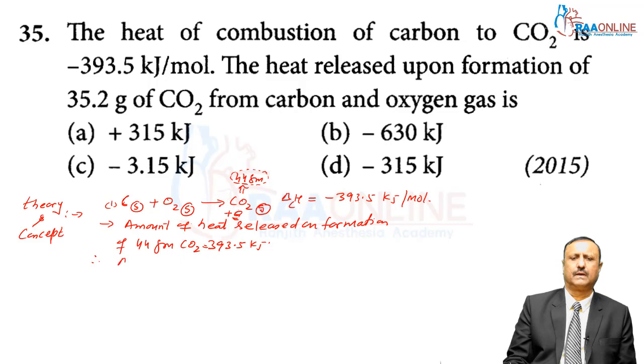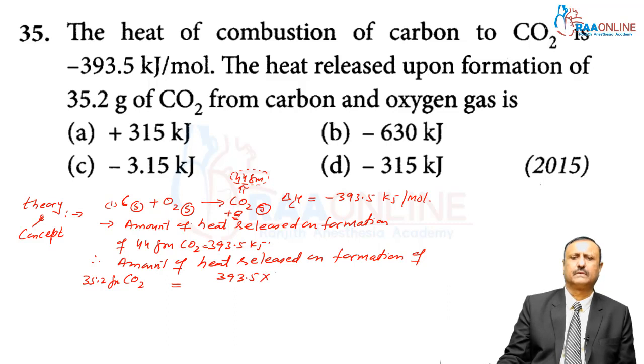Now, the amount of heat released on formation of 35.2 gram CO2 equals 393.5 multiplied by 35.2 divided by 44 gram.